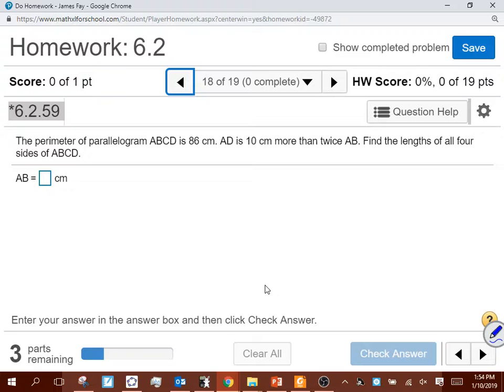So you know very little about me, right? So what you would do is you would let me be the variable. So Mr. Fay's age is going to be X. Mr. Fay's brother's age is going to be X plus 6.